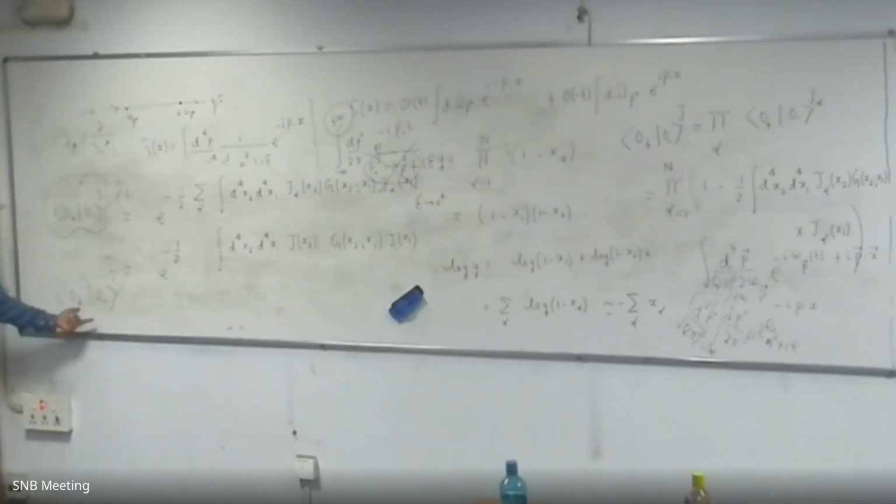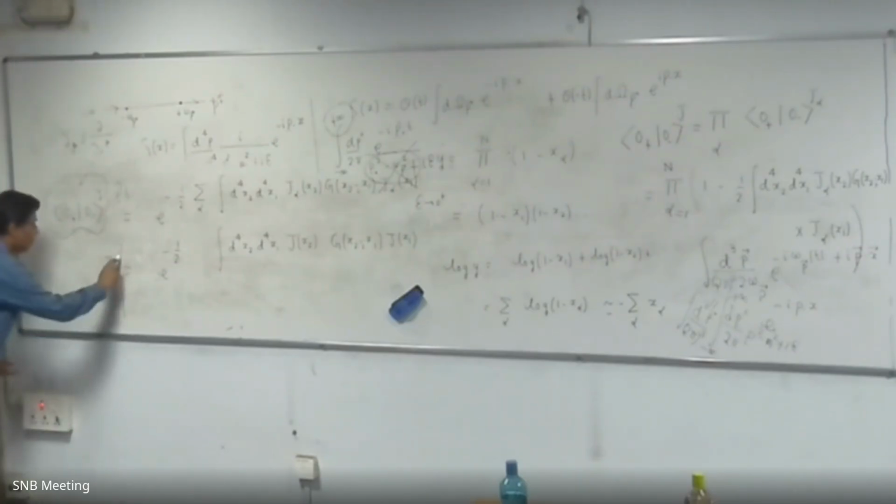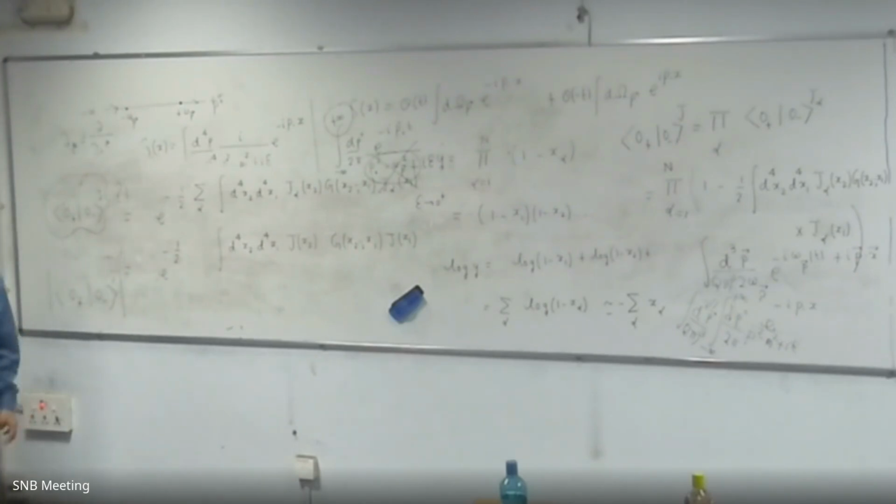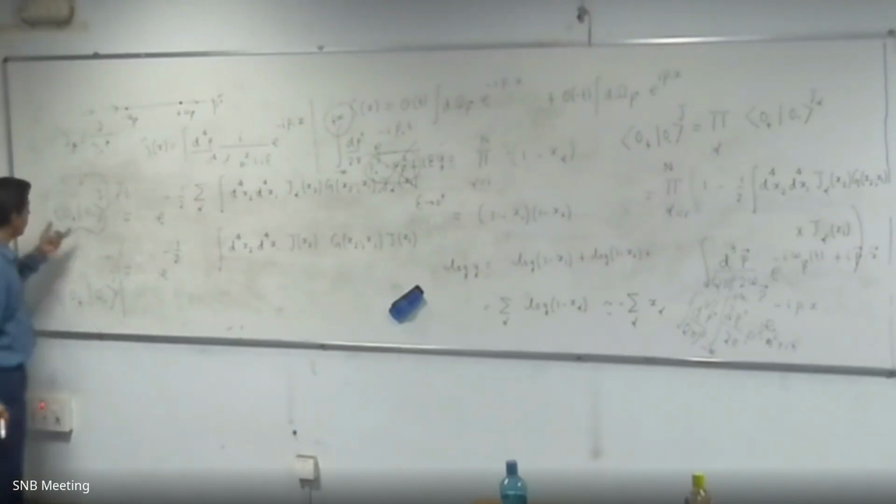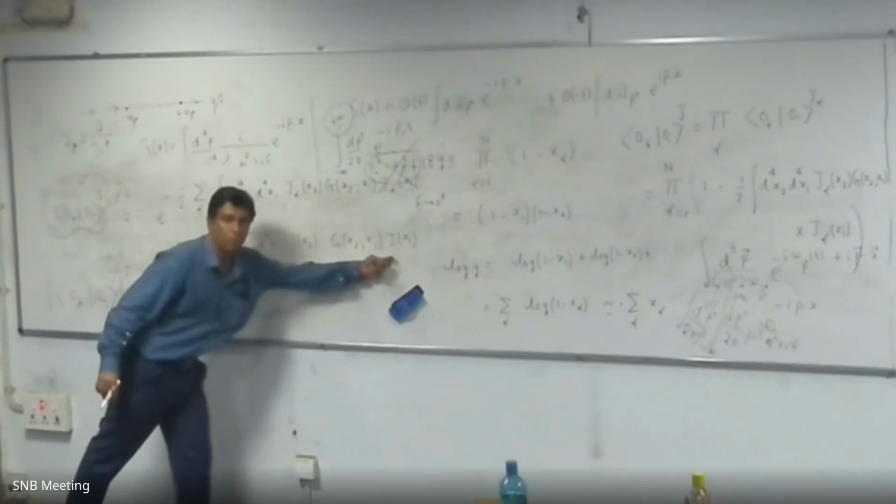Given any amplitude, how do you calculate probabilities? Mod square. Mod square is the probability density. So I want to calculate this. And if it has to be something related to probability, it better be less than 1. Now you have this expression in front of you.